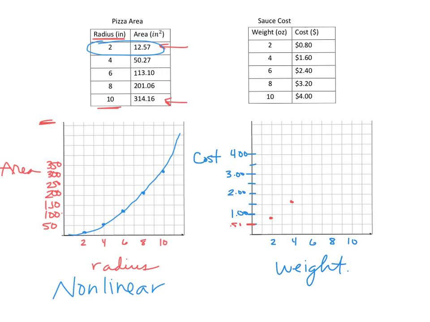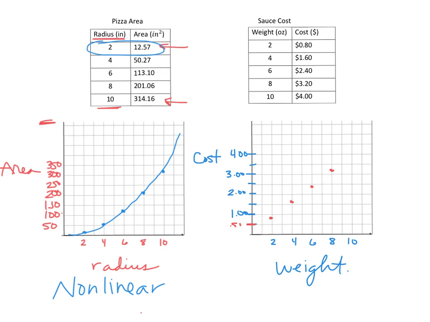6 is at $2.40, so you go over to 6 up to $2.40. That's going to be just below the $2.50 mark. 8 is $3.20, so 8 and then $3.20 is going to be right around there somewhere.